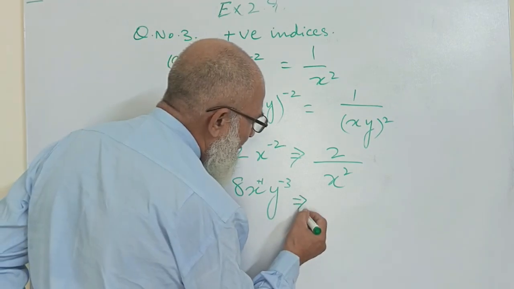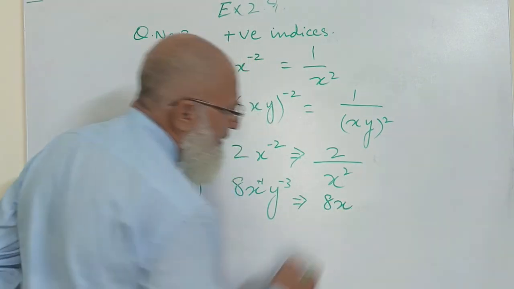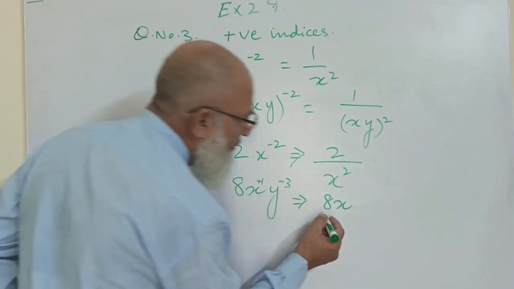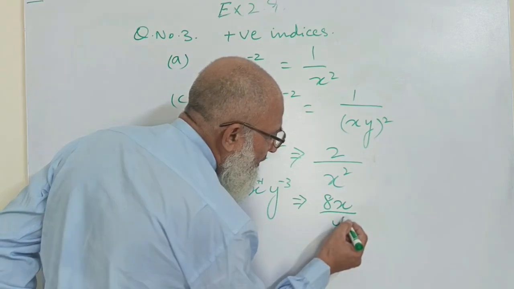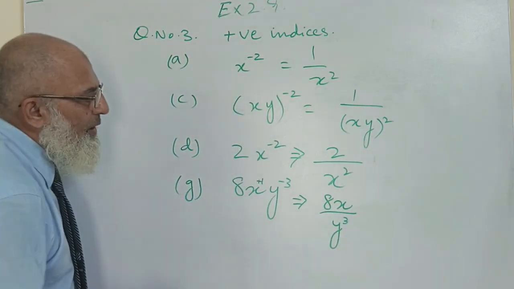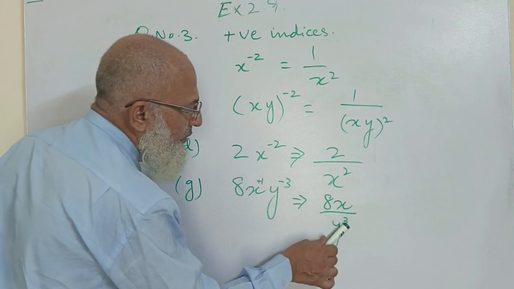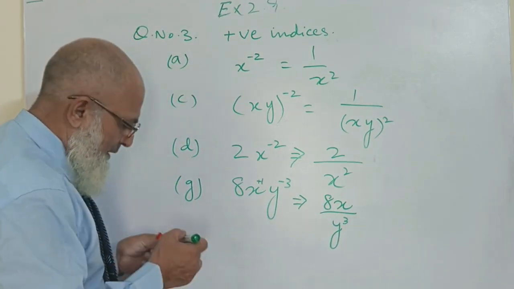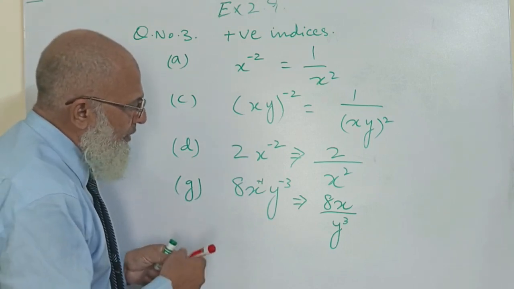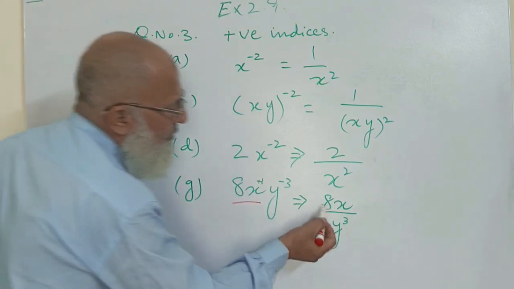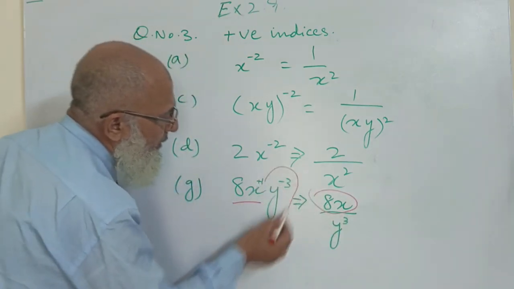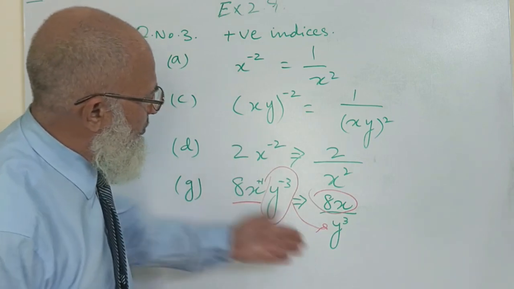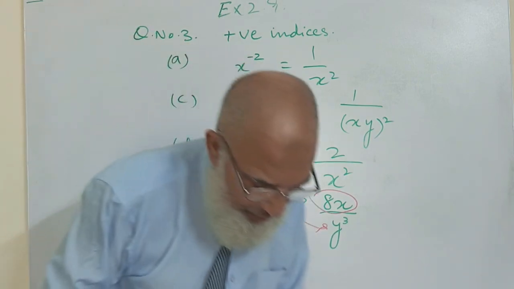So we will write 8x as it is, and y we will take to the denominator to convert the sign to positive. So the positive things will remain where they were, and the negative is converted to its reciprocal and is in the denominator now.